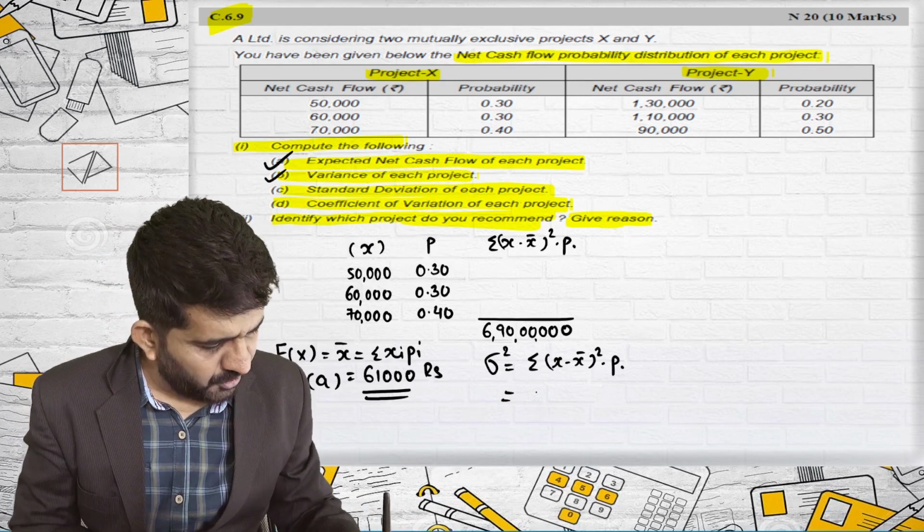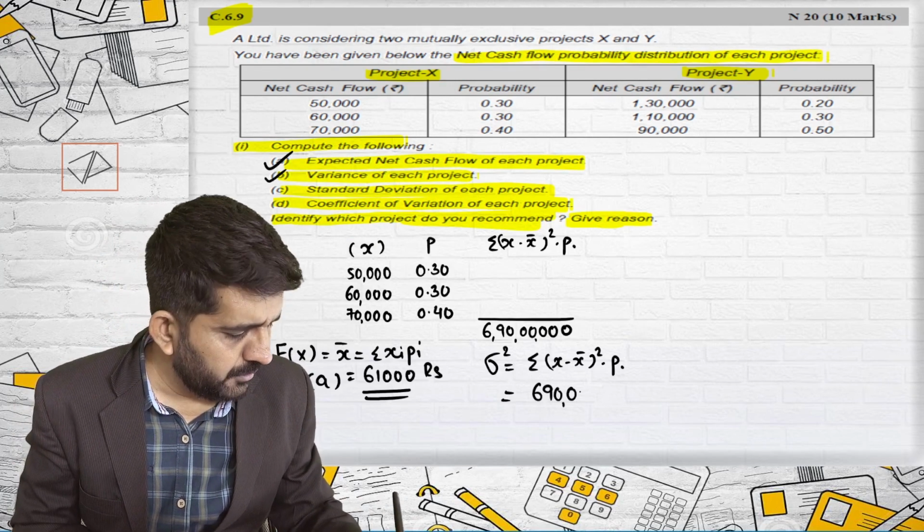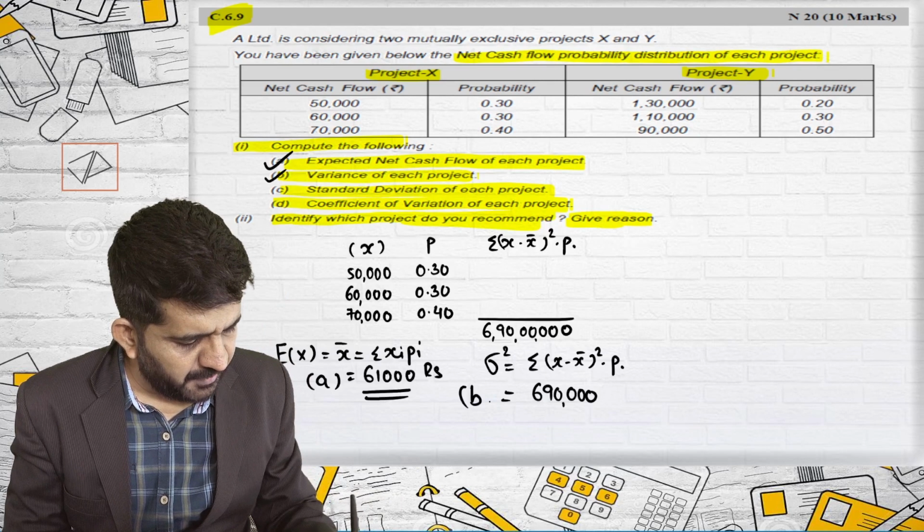And this is my answer of variance, 6 crore 90 lakhs, which is my B answer.